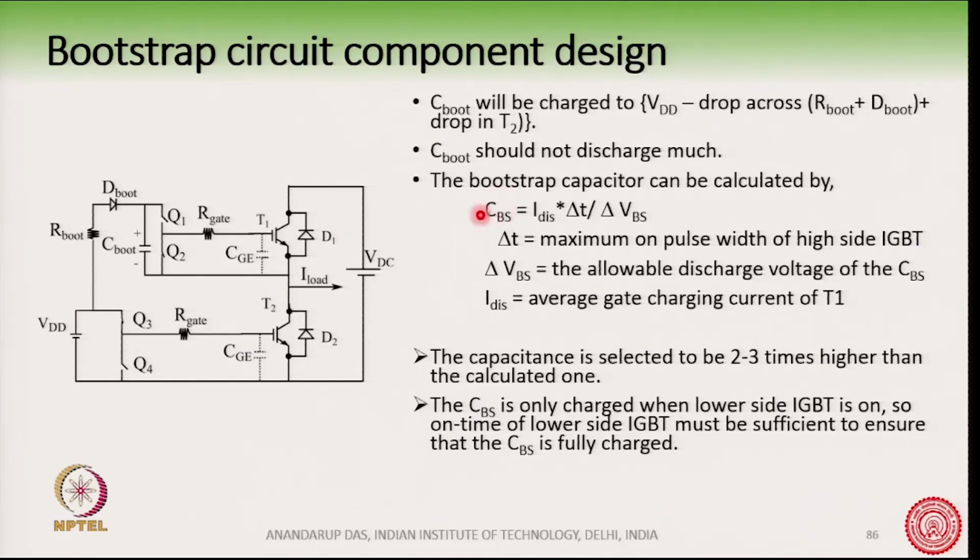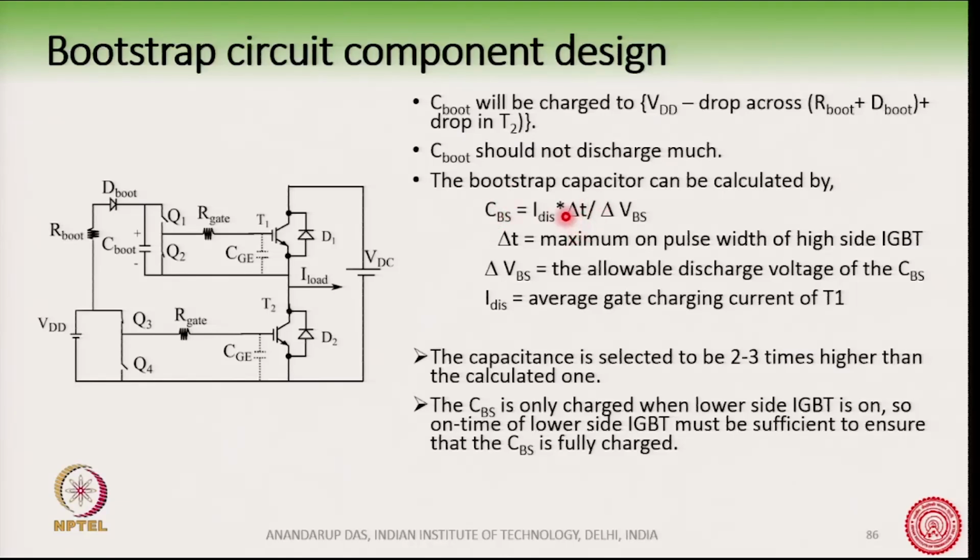So, this Bootstrap capacitor can be calculated. C Bootstrap, or the C boot, is equal to I discharge times delta T divided by delta V Bootstrap. Because how long will it discharge?